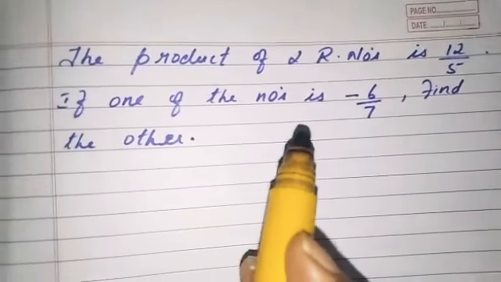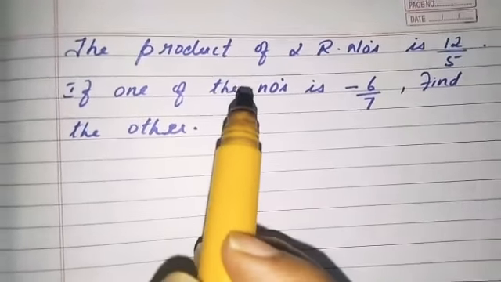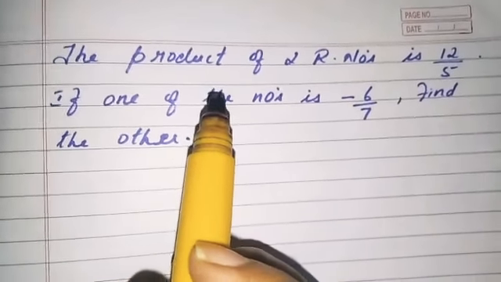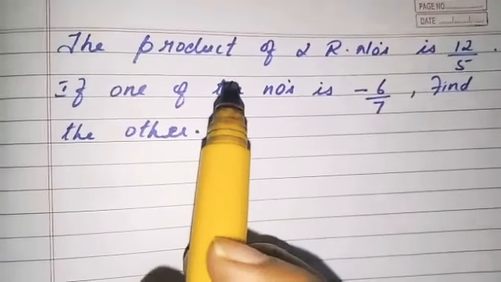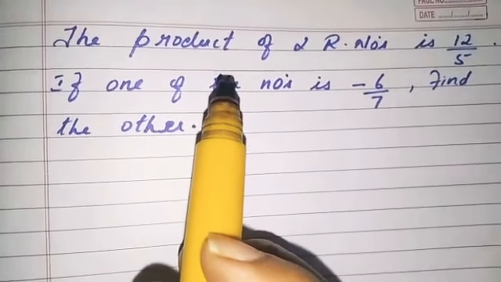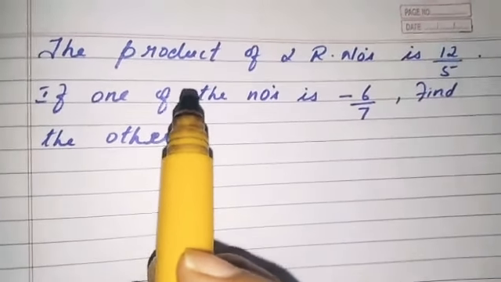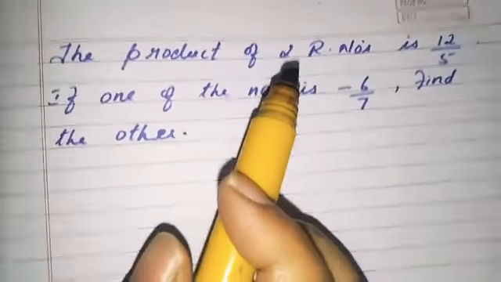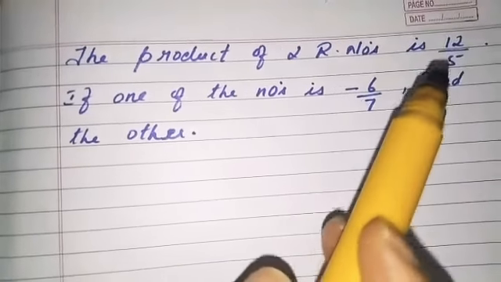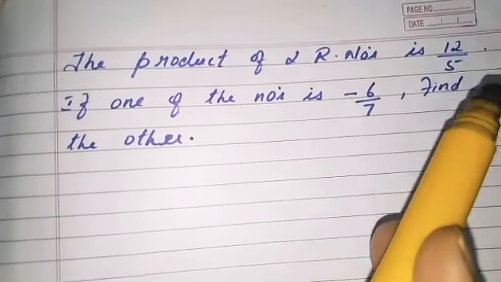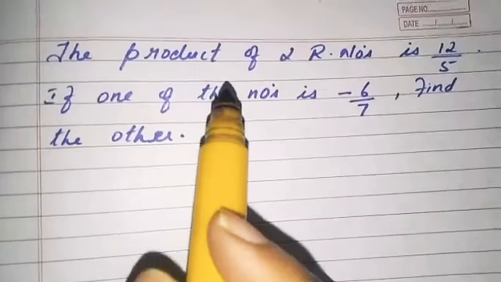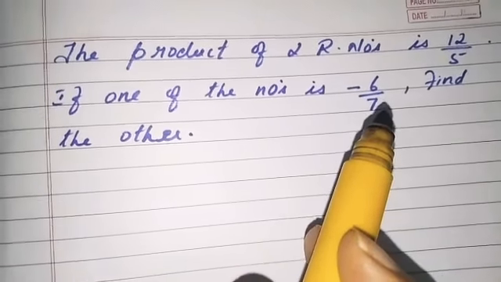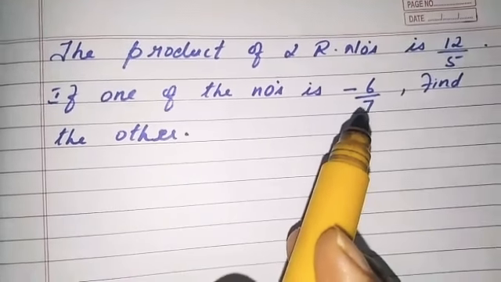In case you haven't, you know, if we are given two numbers and we multiply those two numbers, the answer that we get is called the product. So here the product is given to you, and it is 12 by 5, and of the two rational numbers that multiply together, one is given.